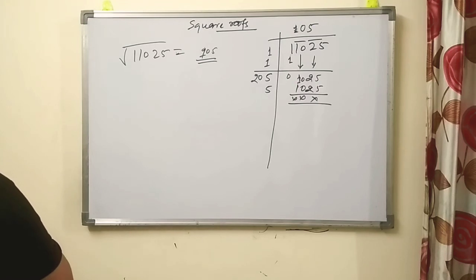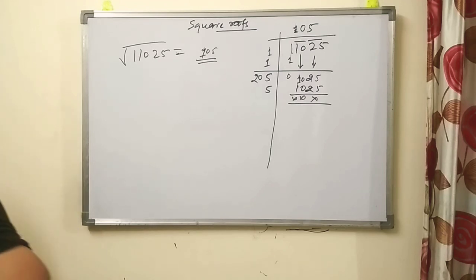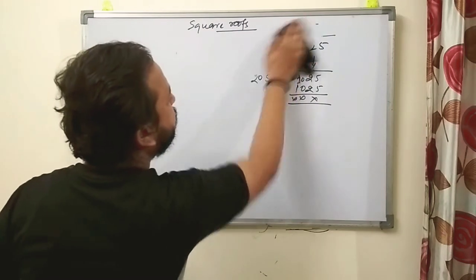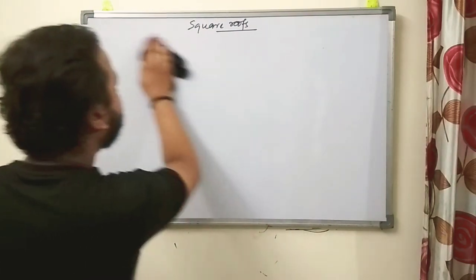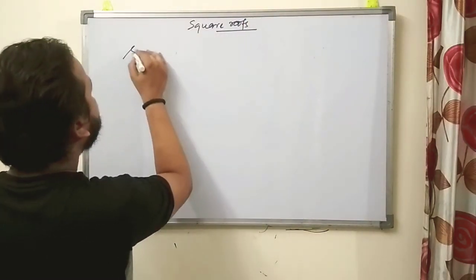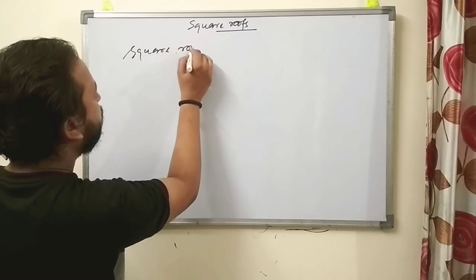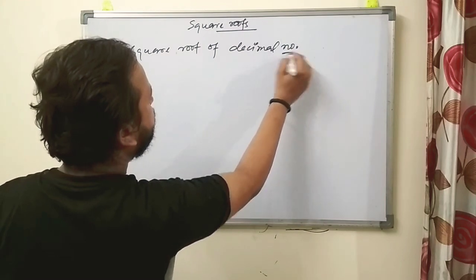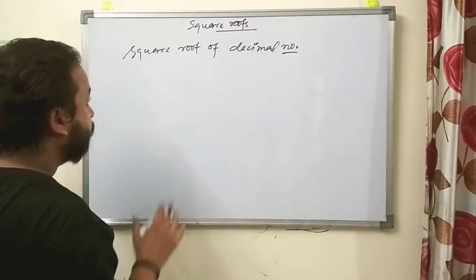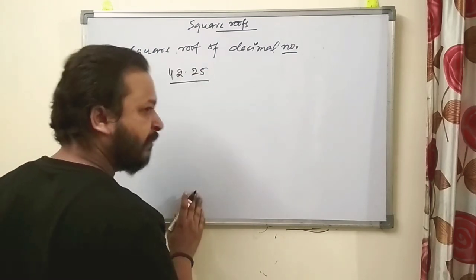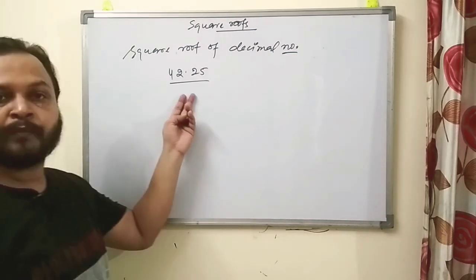Now, if we have to find the square root of a decimal number, suppose the number is given as 42.25 and you have to find the square root of 42.25.